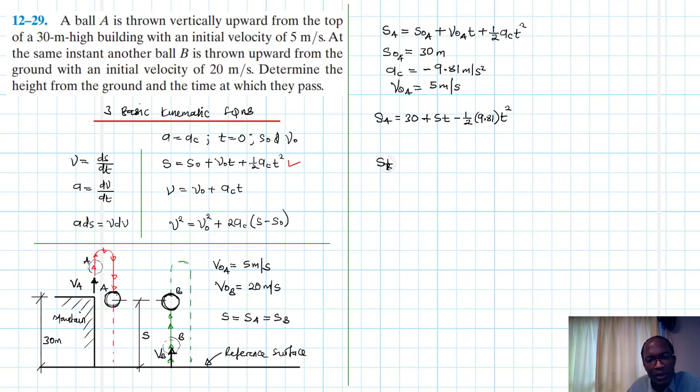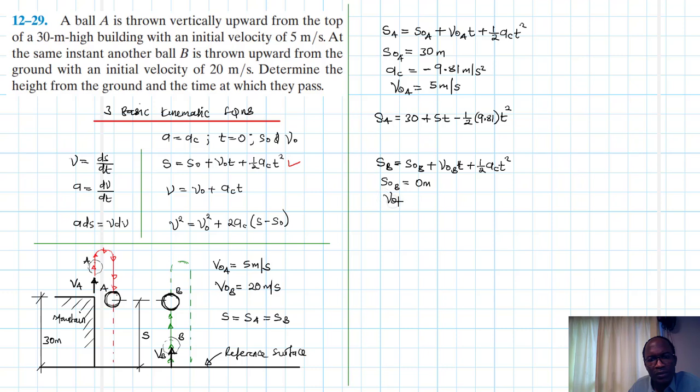So we have SB. This is for ball B. For ball B, we have S node B plus V node B times T plus half by AC T squared. So S node B is equal to 0 meters.